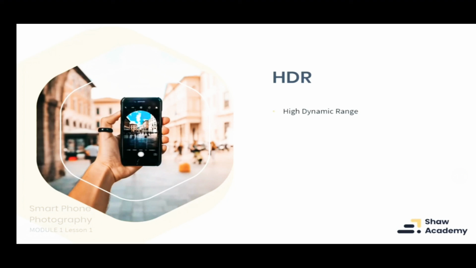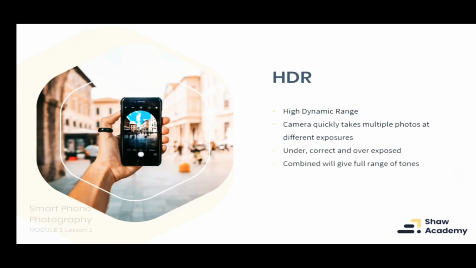Next, a very, very useful feature is our HDR, which is High Dynamic Range. HDR is when the camera quickly takes multiple photographs at different exposures. So an underexposed photograph, an overexposed photograph, and a correct exposure, and it combines them together to create one photograph to give us a full range of tones.